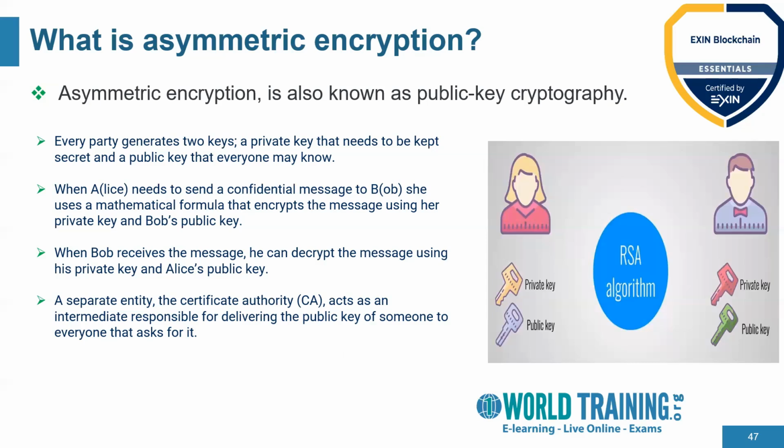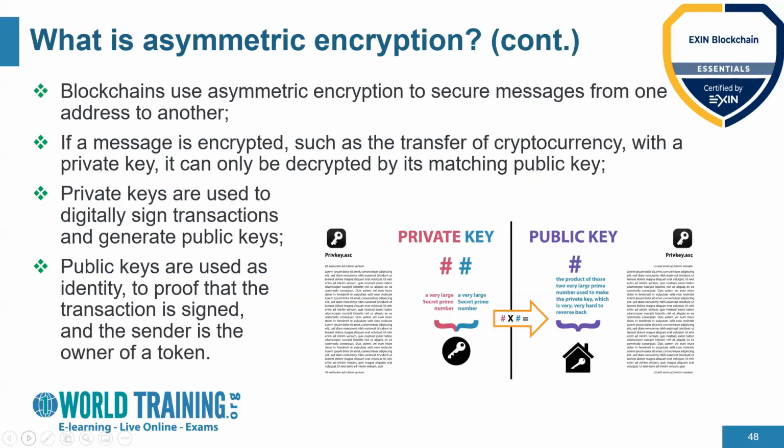That's how the public keys are distributed to everyone in the network. So there is a wider role played by the certificate authority in this case. That's called asymmetric encryption, which is also called public key encryption.